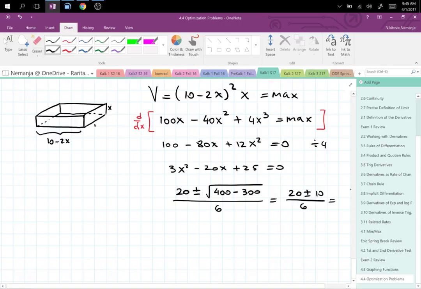Well, we have two solutions. X equals 30 divided by 6 is 5. And we also have 10 divided by 6, which is 5 thirds, right?